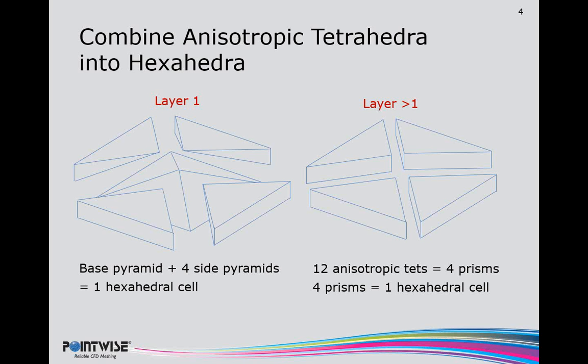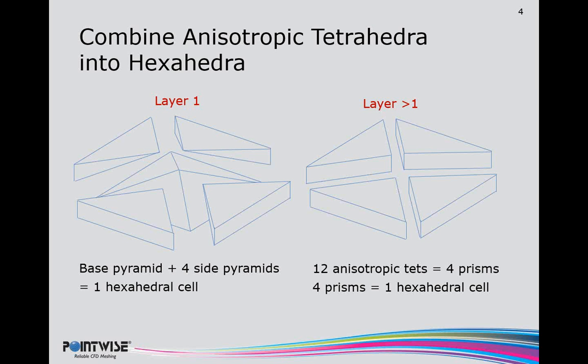Now once you move past the first layer of T-Rex cells, what we do is we take the triangles that are exposed on those 4 side pyramids and we march those out into anisotropic tetrahedra using the T-Rex algorithm. Now, I know some of you are aware of this, but for each stack of 3 anisotetrahedra, we can form 1 prism. So you can visualize for these stacks of anisotets that we're growing off those side pyramids that we effectively can get 4 prisms per layer, which can then be combined into 1 hex per layer.